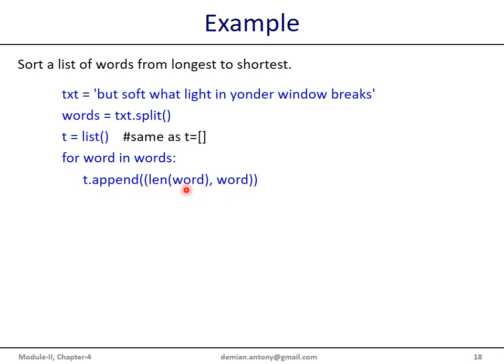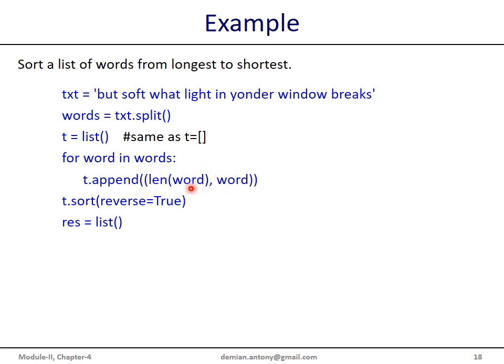Tuple with first item, length of the word, integer, and the string, that word itself. After execution of this for statement, now we have a t list of tuples having two items. Sort this list of tuples in the reverse order of the length.